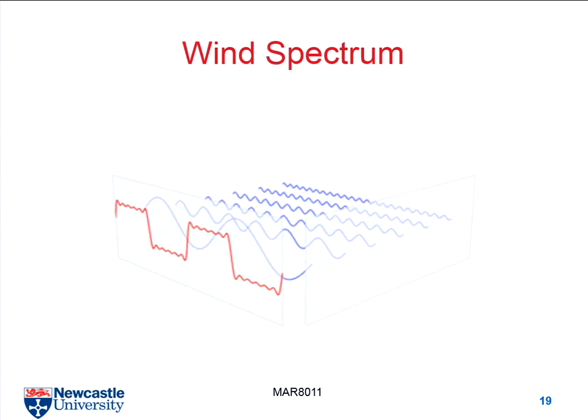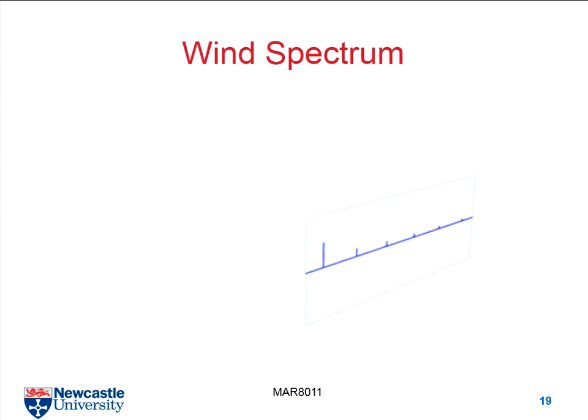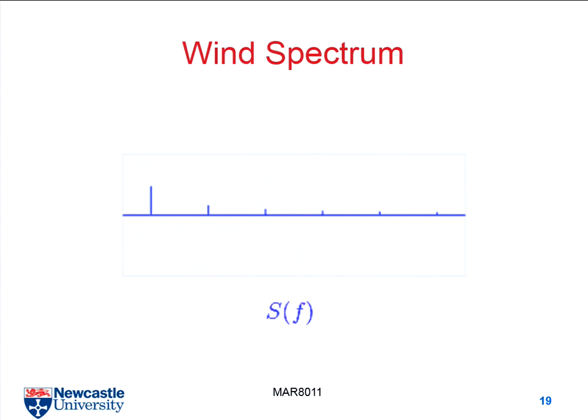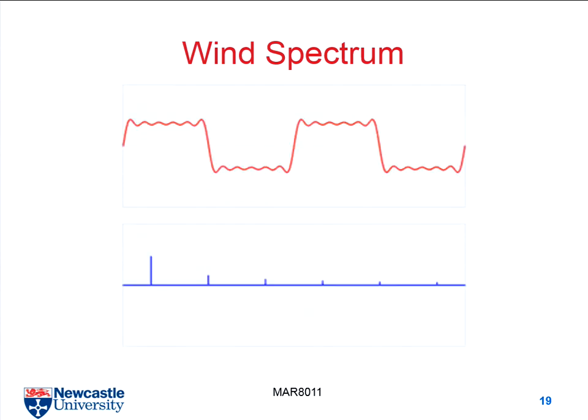I give you a coordinate system here, and the first axis is for the signal, or the wind fluctuation, in the time domain.